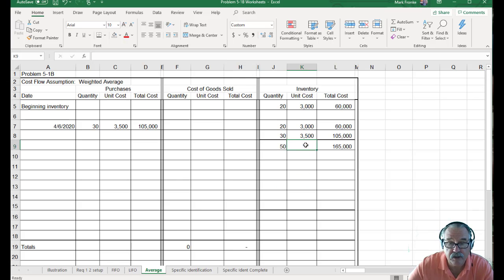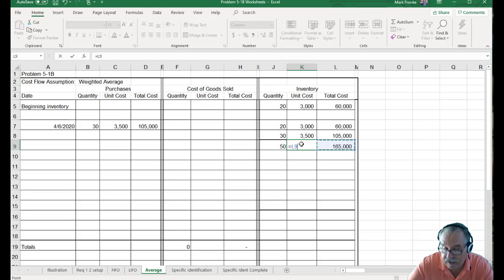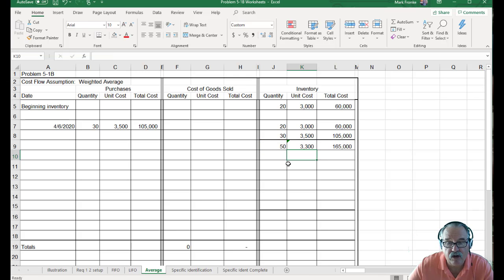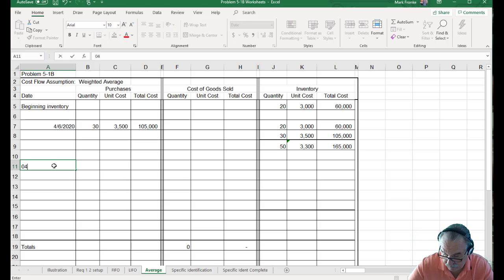So we currently, after our first purchase, have 50 in stock that we paid 165,000 for. So I'm going to take the 165,000 and divide it by the quantity of 50, and so our average is 3,300.